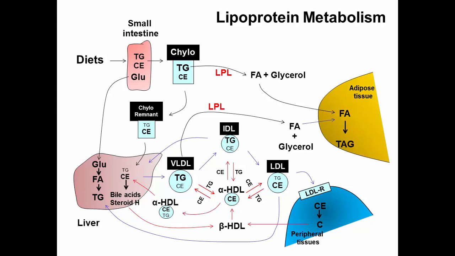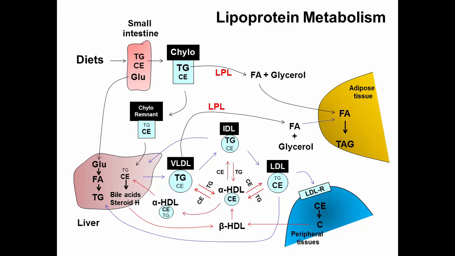And in LDL, you can see that the cholesterol ester content is higher compared to IDL. So where do these cholesterol esters in the LDL come from? Yeah, from HDL, right? So there is a lipid exchange process happening in the circulation.